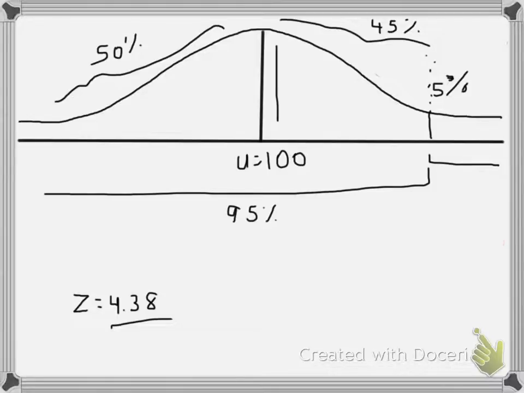Next, I'm going to try to figure out what is the z-value for this part of my bell curve. And I know that this is 45%, and it's also on the right side of my bell curve. So I'm going to look at a right-sided z-table. In this right-sided z-table, I'm going to look at 45%.